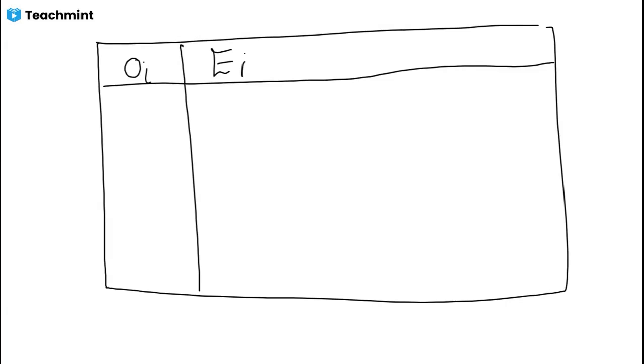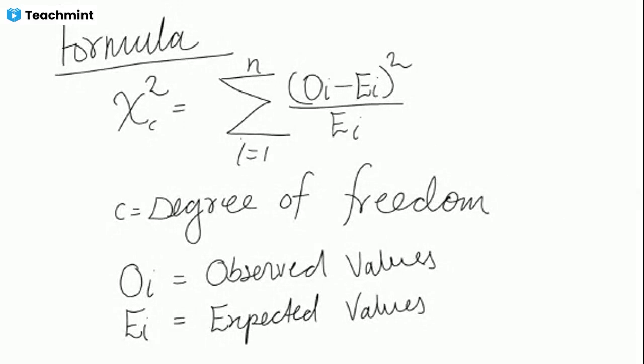We can write it directly in the formula, or we can construct a table, with Oi the observed value, Ei the expected value, and in the formula Oi minus Ei, and over Ei also.